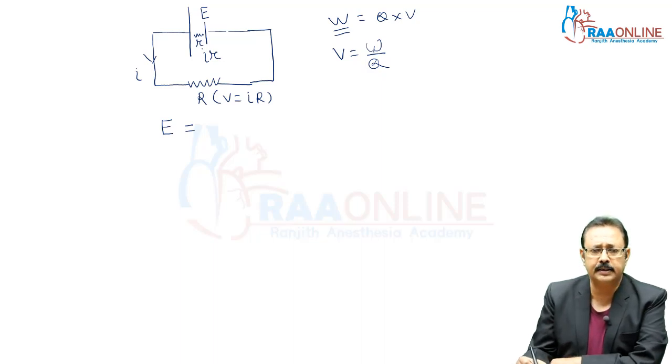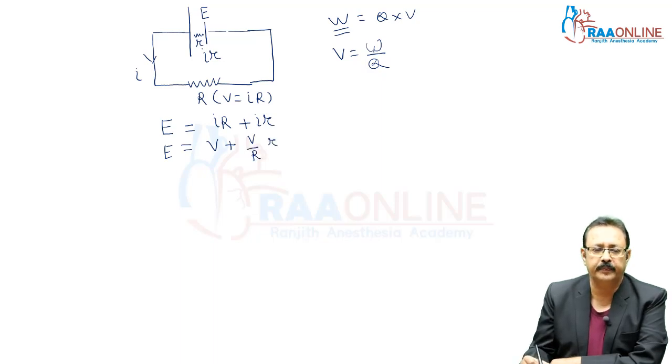One part, which R got, was I into R. The remaining part is inside the cell, I into r. Or we can say E is equal to V plus I r, meaning V by R into r.